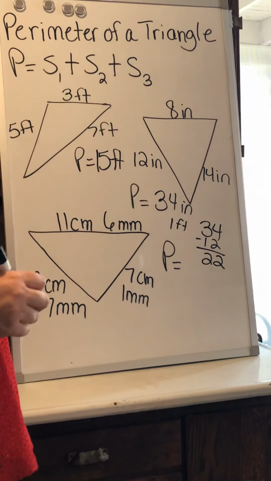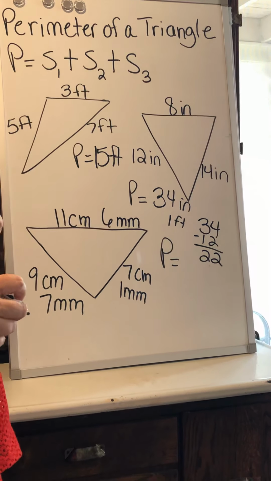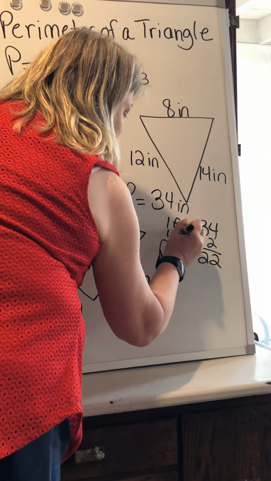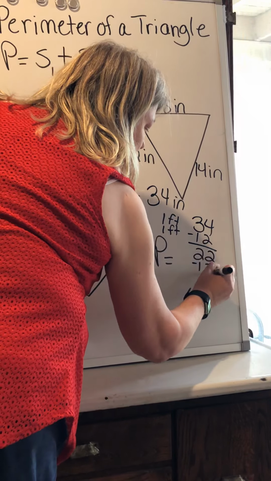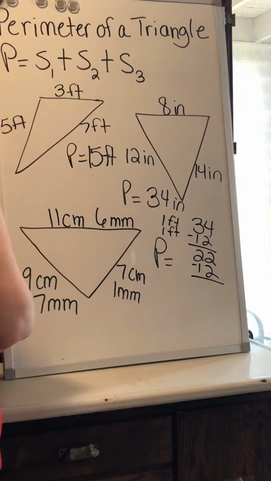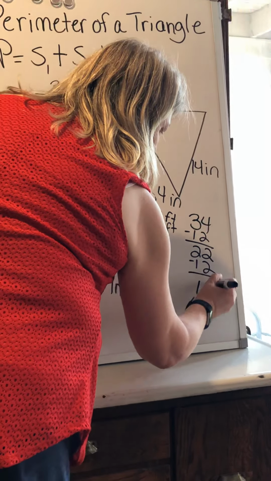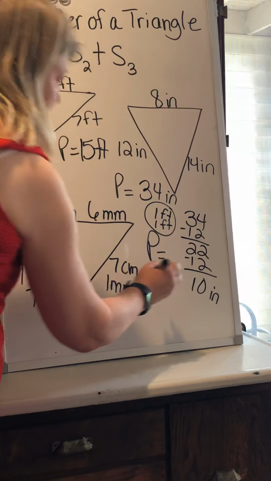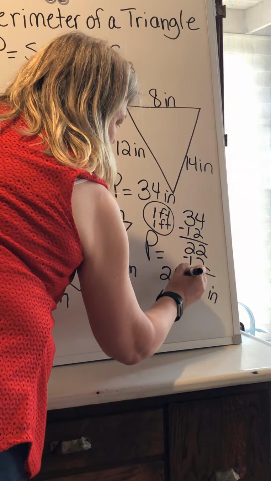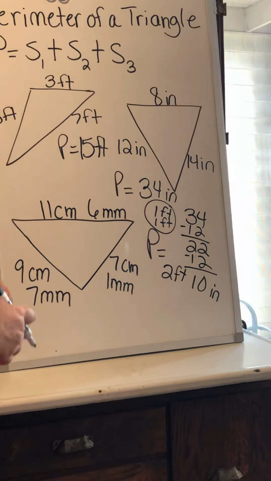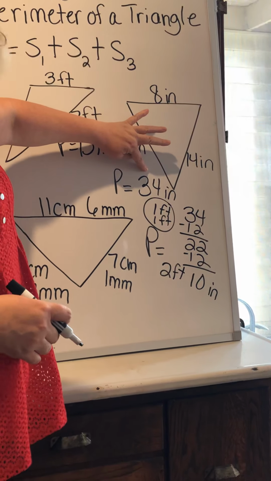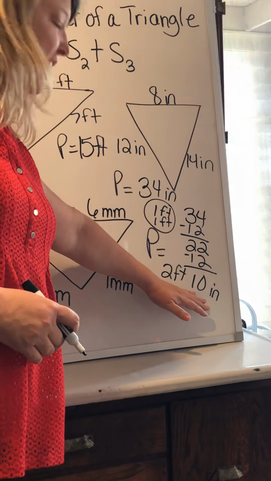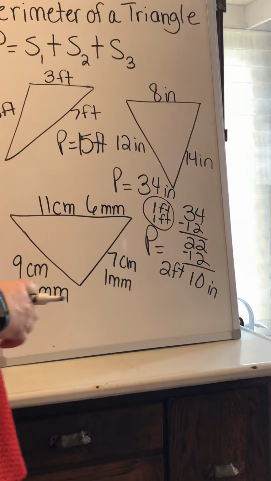Do we have enough to take another 12 inches that equals 1 foot away? Yes, we do. So we tack on 1 more foot over here, and we take away 12. We end up with 10 inches, and adding those together, 2 feet. So the perimeter, you could either say is 34 inches, or if you convert it, 2 feet, 10 inches. Okay?